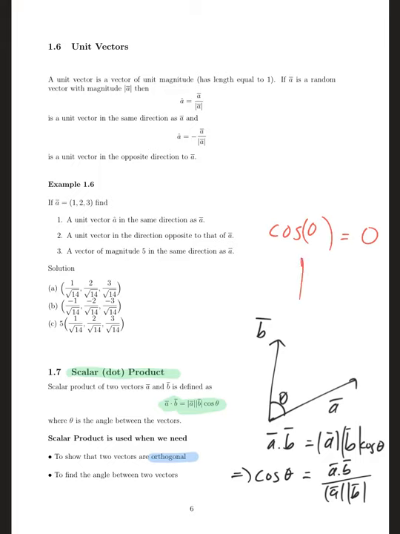So if I have two vectors at right angles to each other, that's a right angle. That means that theta is equal to 90 degrees, and so cosine of theta is 0, and so the dot product is 0. So orthogonal vectors are vectors at right angles to each other, or they're vectors whose dot product is 0.